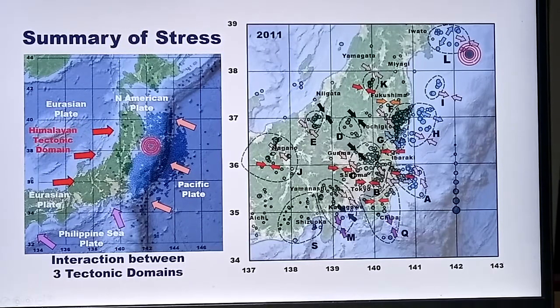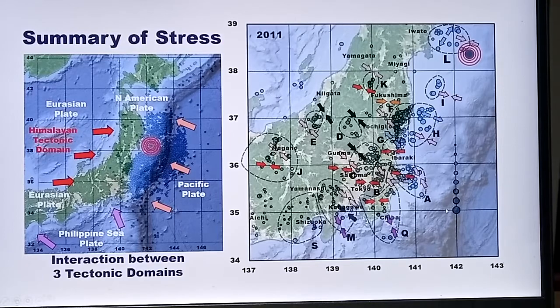This figure shows all the determined tensors. So the red one is EW compression, pink one shows NW-SE compression.